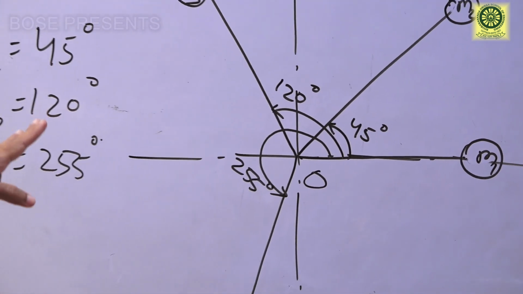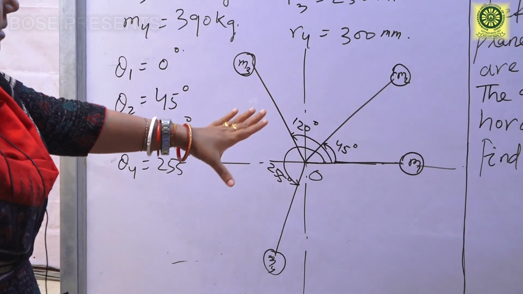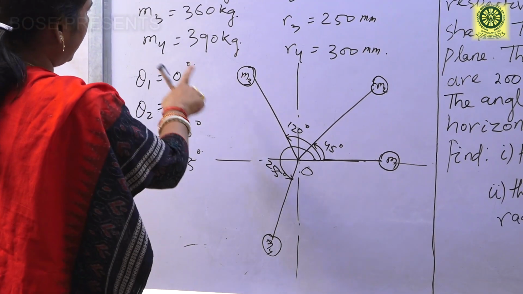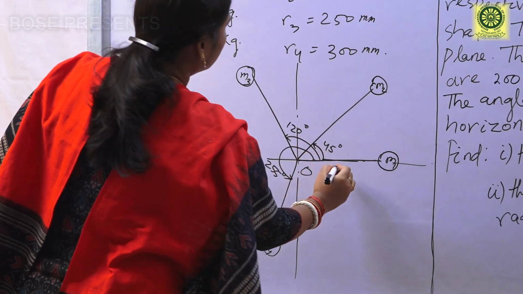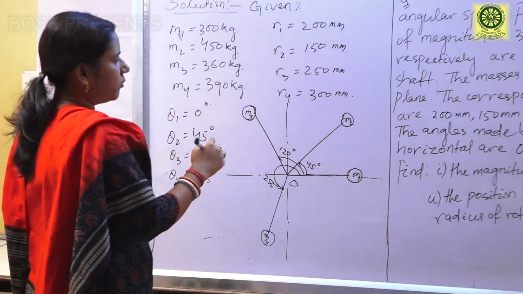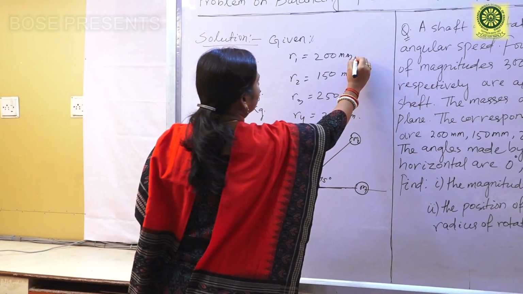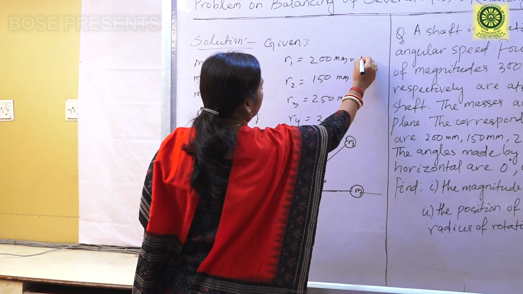Here the masses and the magnitude of the masses are given. Also the radii of rotation are given. R1 is equal to 200 mm. Before going for solving, better you convert into meters.